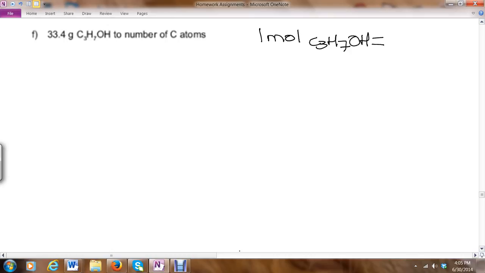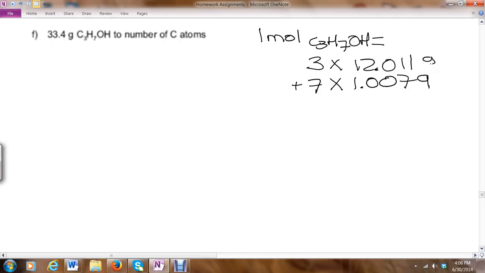Let me get a calculator here. And I do it directly. For here, 3 carbon atoms, so it's 3 by 12.011 plus 7 plus 1 by 1.0079, and this is, of course, grams per mole.